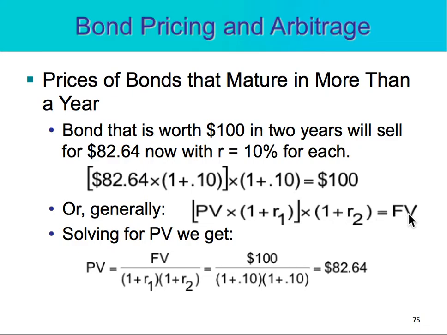That's going to give you the money you have after 2 years. So in order to find the equilibrium, where the present value reflects an interest rate of 10% and a face value of 100, you need to plug in 100 for the FV and 0.1 here and 0.1 there, and then solve for PV, and you get $82.64.